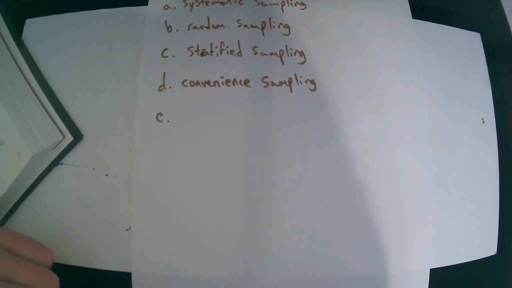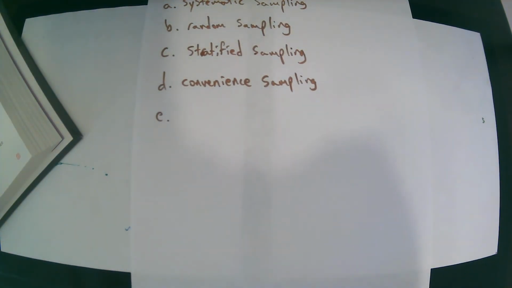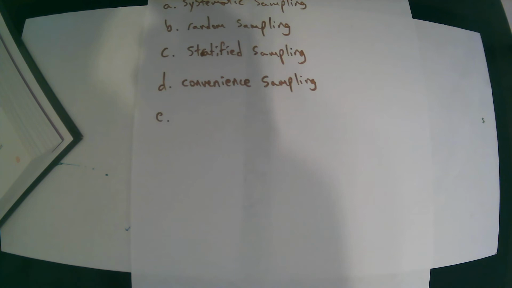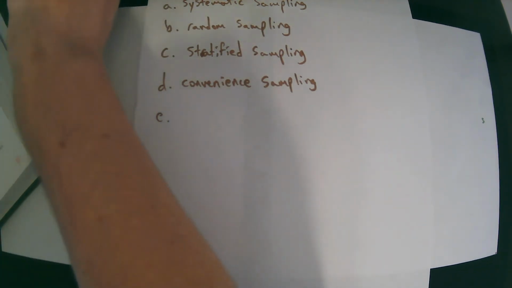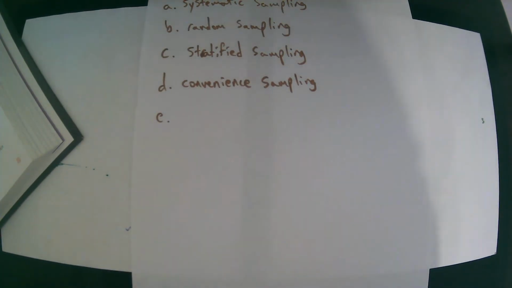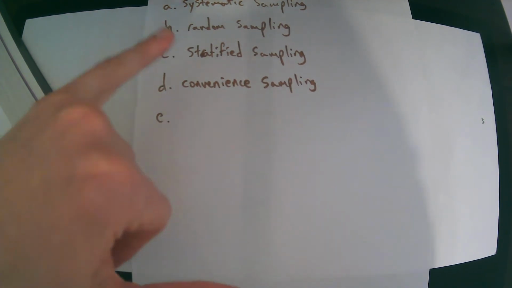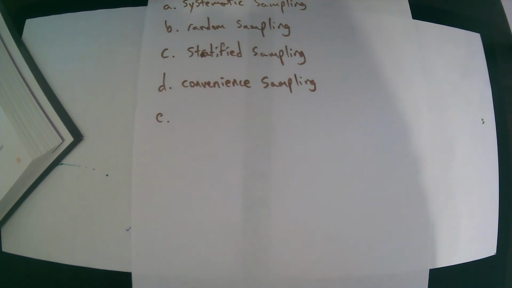To determine the average number of cars per household, each household in 4 of the 20 local counties were sent a survey regarding car ownership. So we have to look at how they did this survey here. There are 20 counties, and they picked 4 of those counties. So we see there's some grouping going on here, so we're thinking either stratified or cluster.